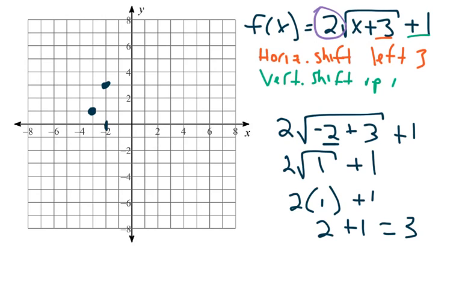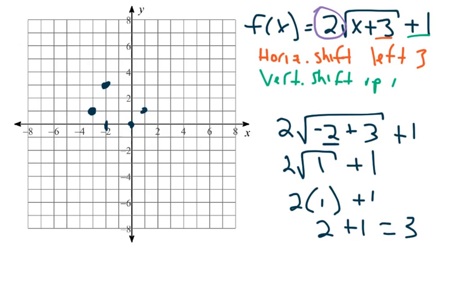Now, I knew that one would come out nice and neat, because I was using my method, where this dilation point right here that says 2, the vertical stretch, means that I'm going over 1 and up 2. You see how we went over 1 and up 2? That's because our parent function is like this.